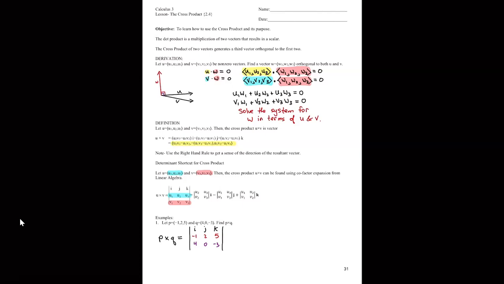So the -1, 2, and 5, the 4, 0, -3, each one gets its own row. So then if you take a look at the model here, you see we have a matrix followed by I minus another matrix followed by J plus another matrix followed by K, right? So that's what we want to have.